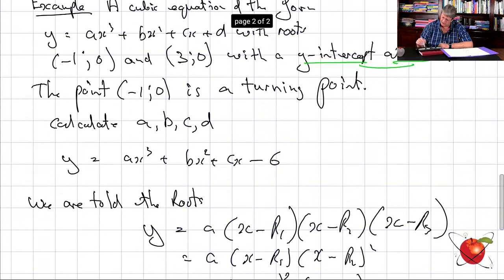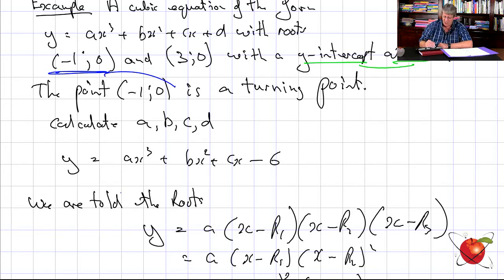Just check that I've got it. See? This piece of information here, minus 1 and 0, is also a stationary point, a turning point. And look where it is. It's minus 1 and 0. It's a root as well. So therefore, turning point and a root, which means it's a repeated factor.